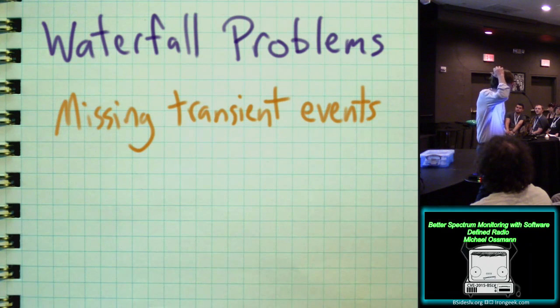Now, you might think, well, you'd only miss very short things, but guess what? Radio technology these days is full of very short things. Do you know how long a typical Bluetooth packet lasts? It lasts about 200 microseconds, maybe 500 microseconds. Microseconds, not milliseconds, microseconds. And that's just one example. Our daily lives are full of more and more interesting digital wireless technologies that use super, super short packets of information.